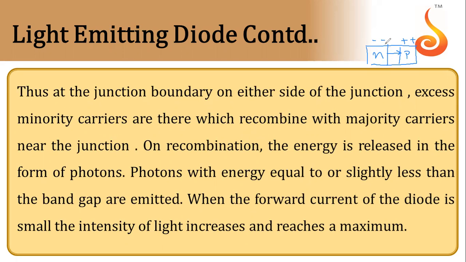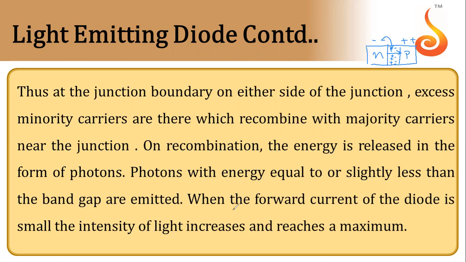When electrons are moving from N to P type, in the depletion region near the junction, there will be some holes here, and electrons will also be there. So these electrons will go and combine with these holes, and on recombination, the energy will be released in the form of photons. So photons with energy equal to or slightly less than the band gap are emitted. So that is the working of a light emitting diode.